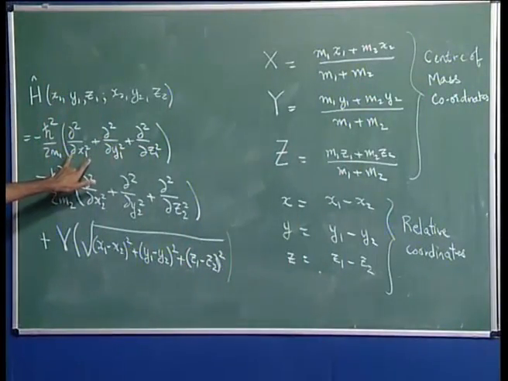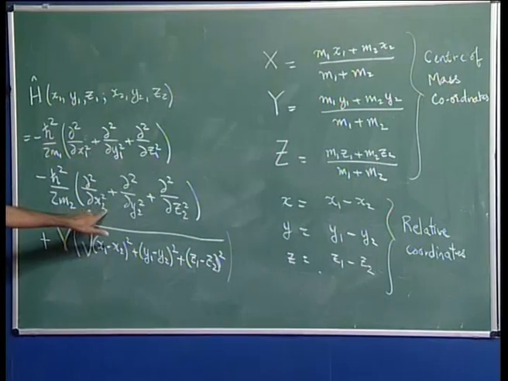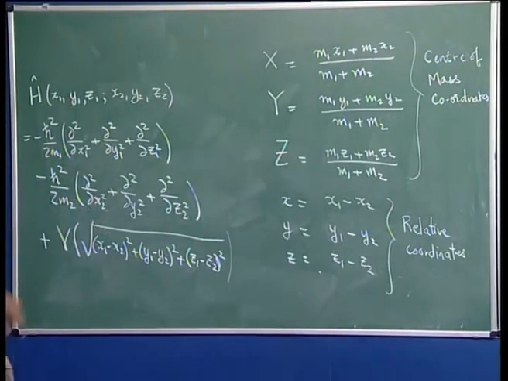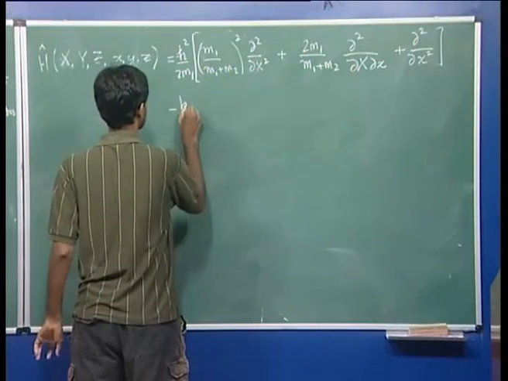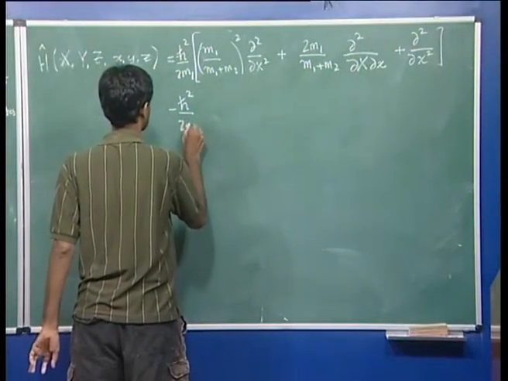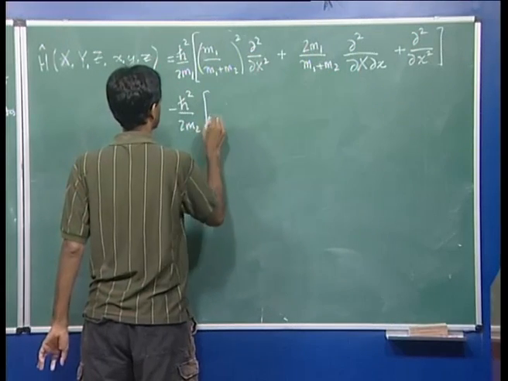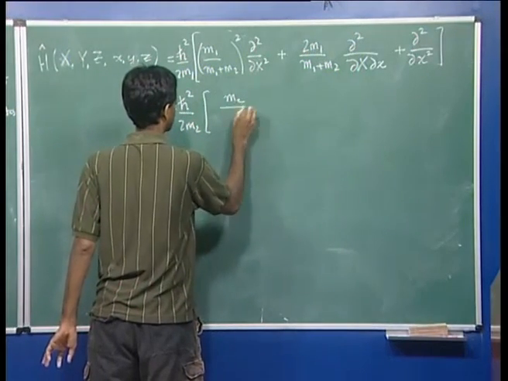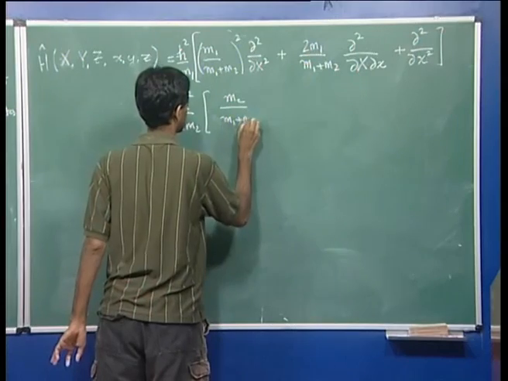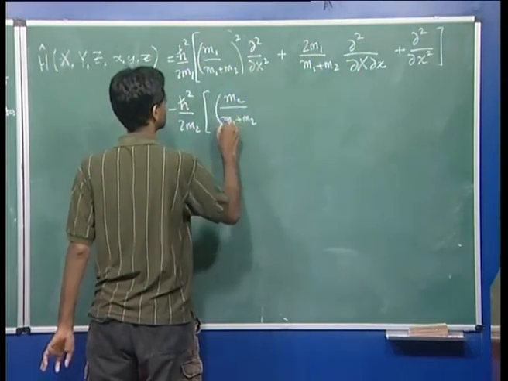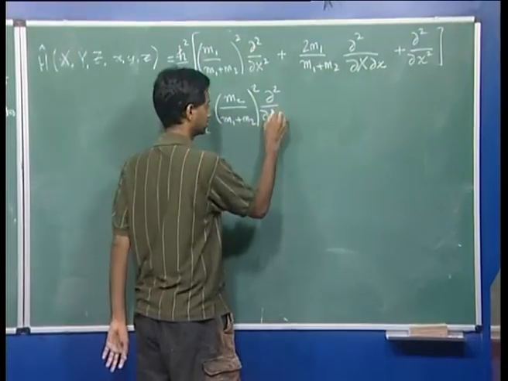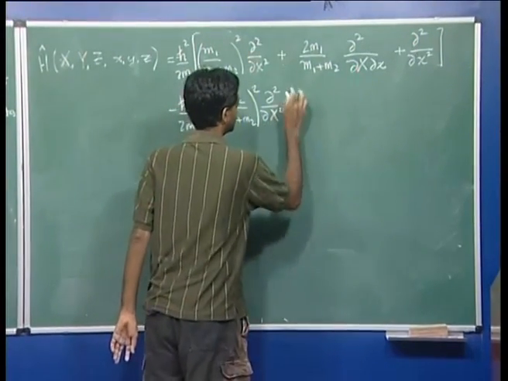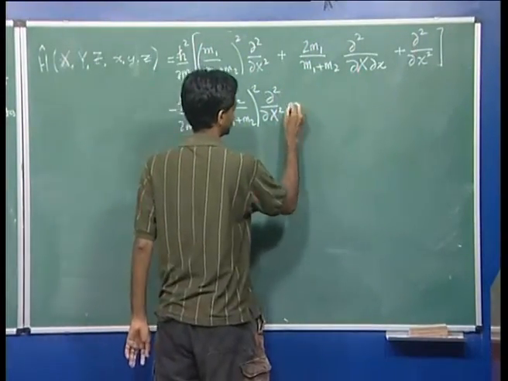Now you can show for yourself that the contribution from the x2 term will look like m2. What you will get is m2 divided by m1 plus m2, squared, and then this will change to a minus sign.